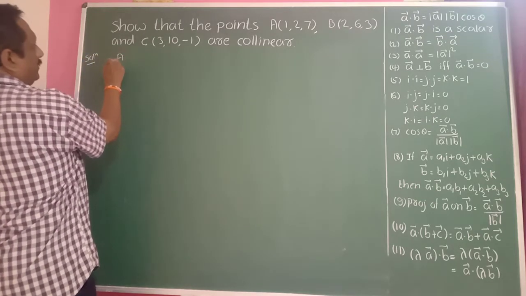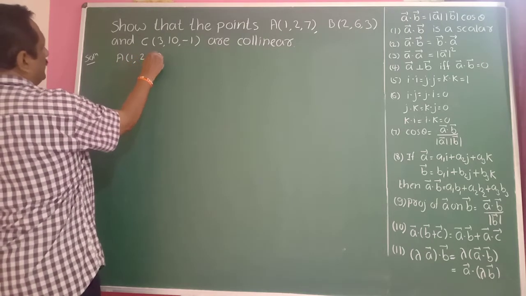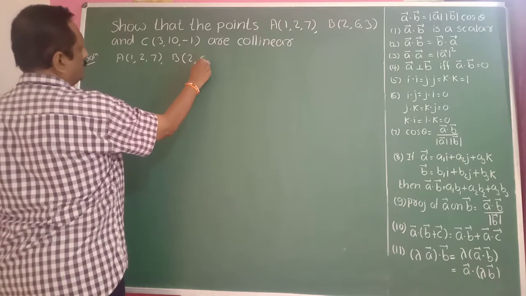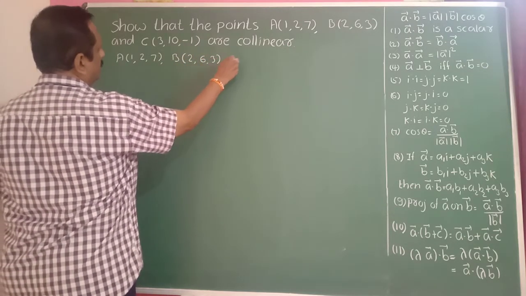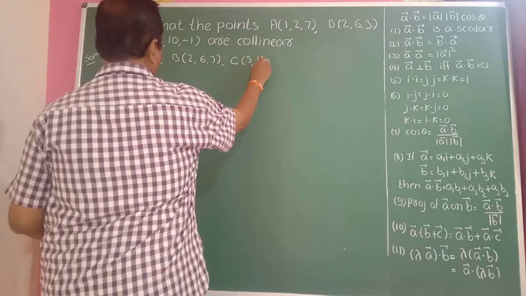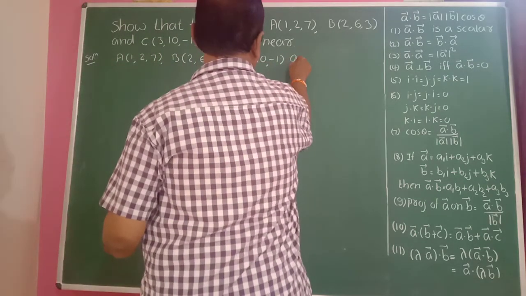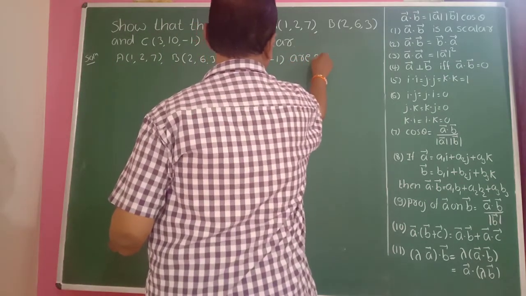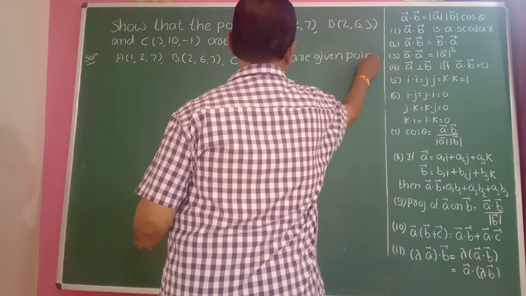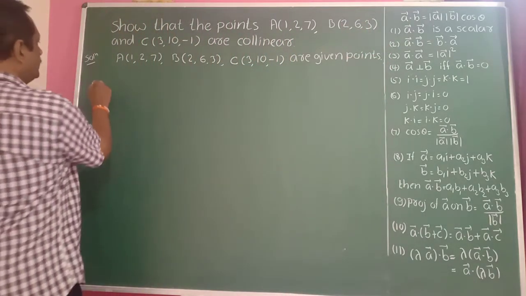A is (1, 2, 7), the point B is (2, 6, 3) and the point C is (3, 10, -1). These are the given points.